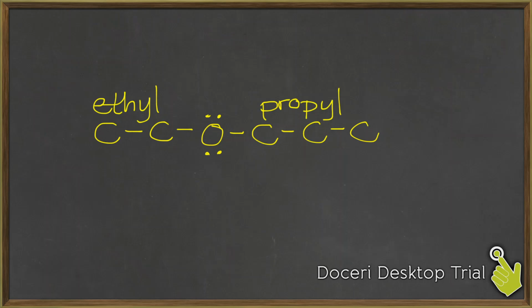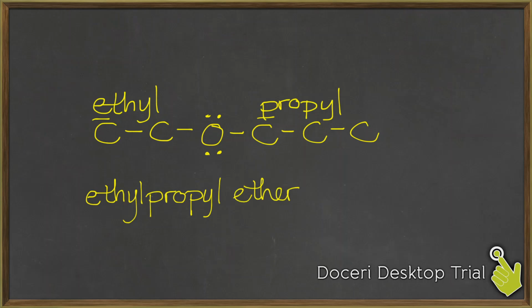And then it's simply a matter of which comes first in the alphabet, E or P? E does. So here's the full name. Ethyl propyl ether. You name the sides of the oxygen kind of like they are substituents, and then you tack on the name ether.